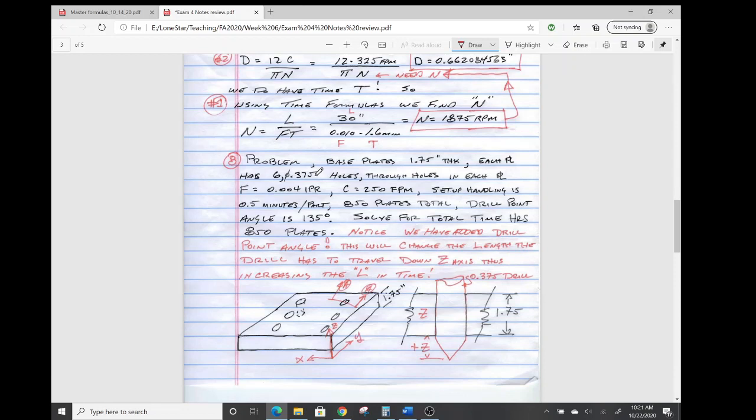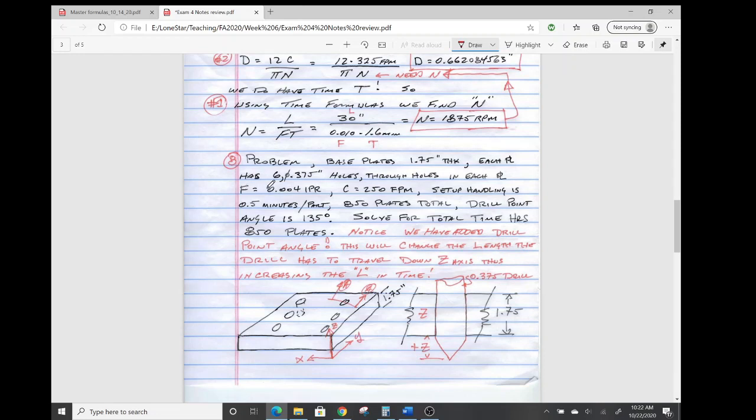Right. An eighth is 125 thou times 3. That's 375 thou. Or you could take 0.375 and divide it by 0.125, and you'd come up with 3. All right, so we're going to do 6 375 thousandths diameter holes, and they're through holes in each plate.